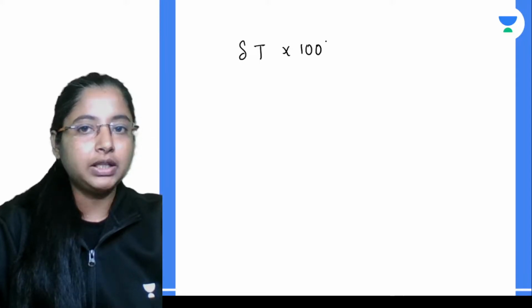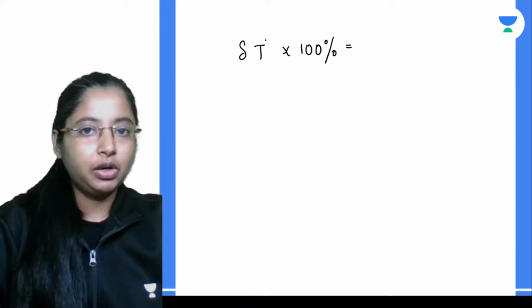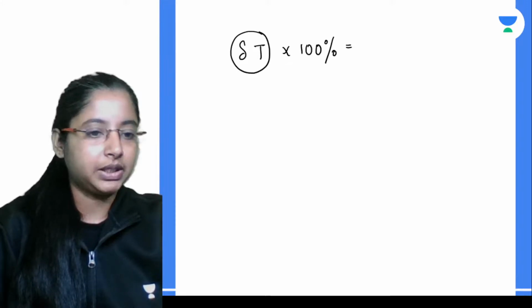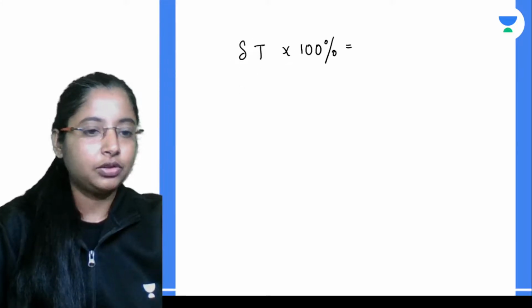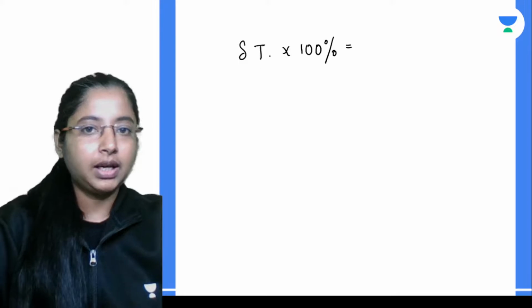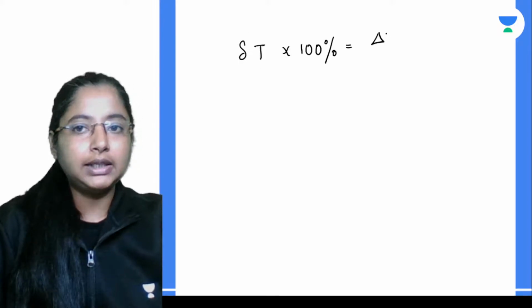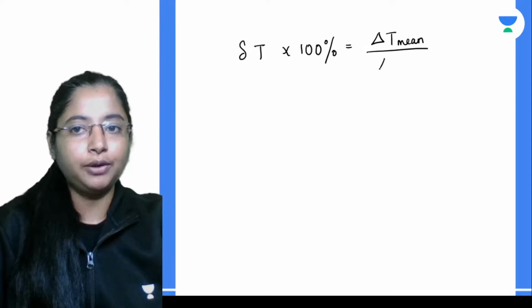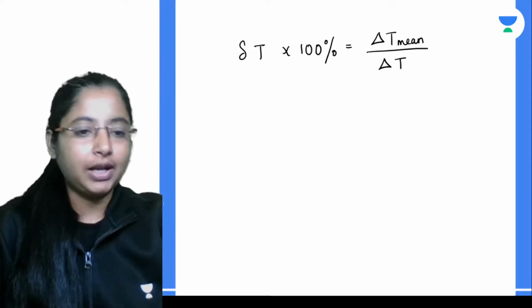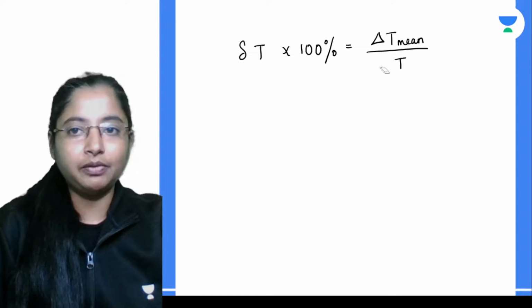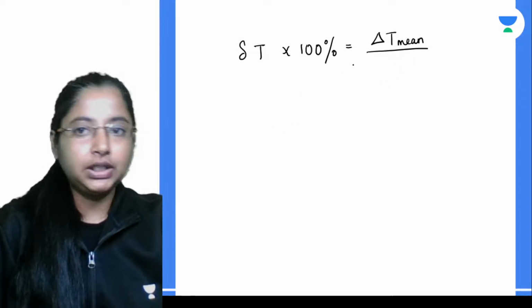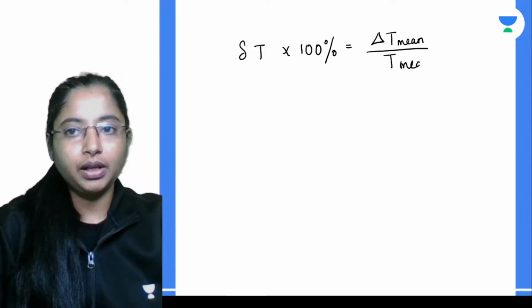Percentage error is nothing but absolute error times 100%. So what is absolute error here? Absolute error is nothing but delta t mean, by mean value. I'm sorry, this is not delta t, this will be t mean, into 100%.